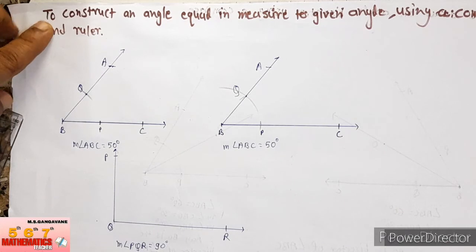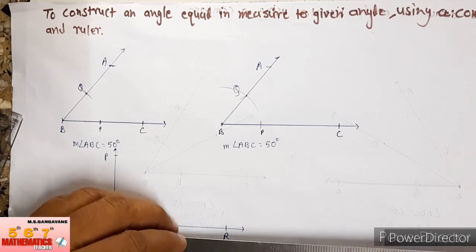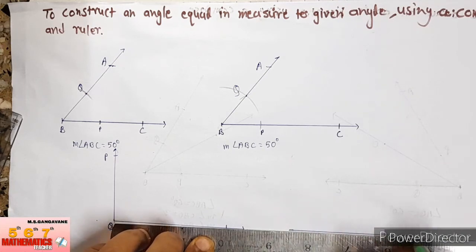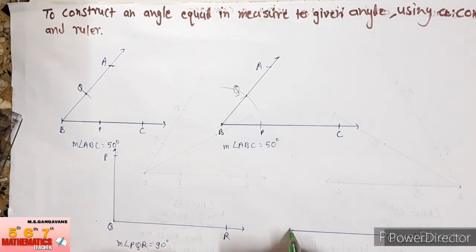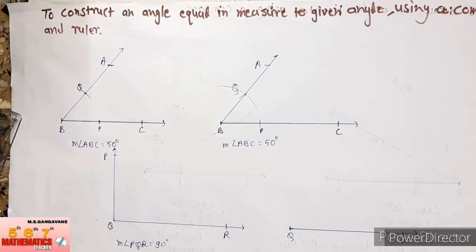Now to construct an angle equal in measure to given angle using a compass and ruler. Okay. So now again draw the ray. Okay. Name QR. Okay. Done.